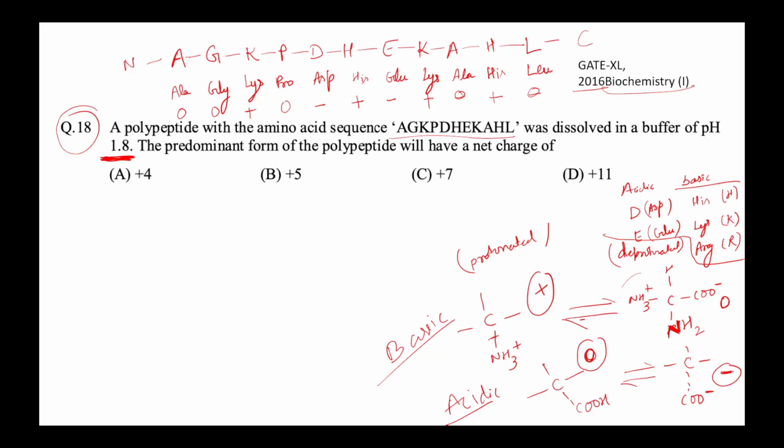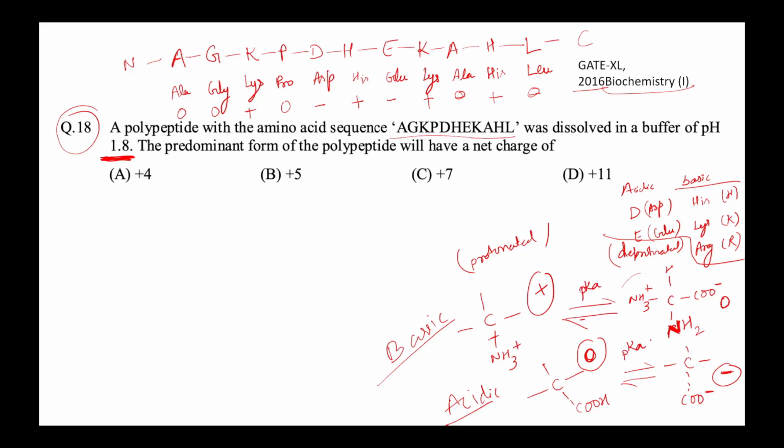Okay, so we should also have this knowledge in calculating the net charge, which depends upon the pH. It is related to the pKa value, so you should have a little information about pKa as well.